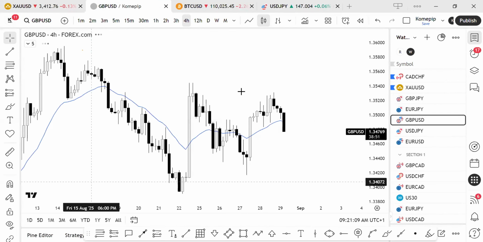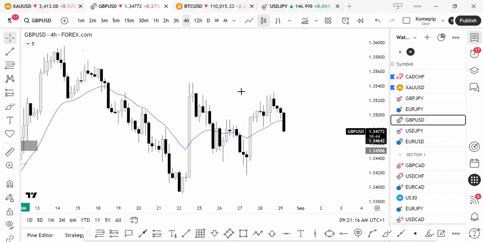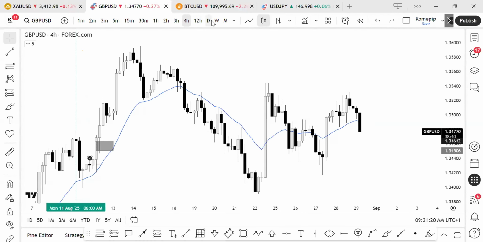Was that GPUSD I saw? Yes. Okay. So let's check it.